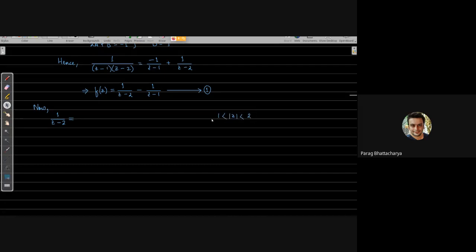So modulus z is less than 2. We'll take this part only. What does this imply? If I divide this throughout by 2, modulus z by 2 will be less than 1, right? So I might as well take the whole thing as modulus. Is that clear?